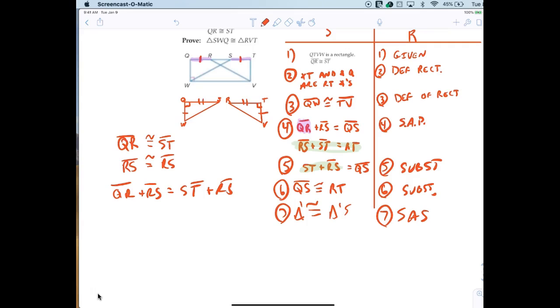You agree with that? But I still have to say that QR plus RS is QS. Oh, okay, got it. You see what I'm saying, right? So it's kind of the same thing. I just think I like my way better. To me it's more logical that way. Don't you agree? I think so anyway.